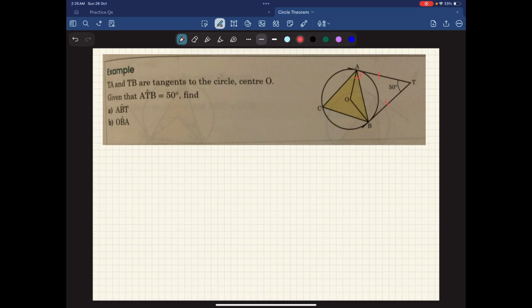Okay? All right. Now they're asking us to find ABT. So it is this angle. Okay, let's mark it. So what are we going to do?